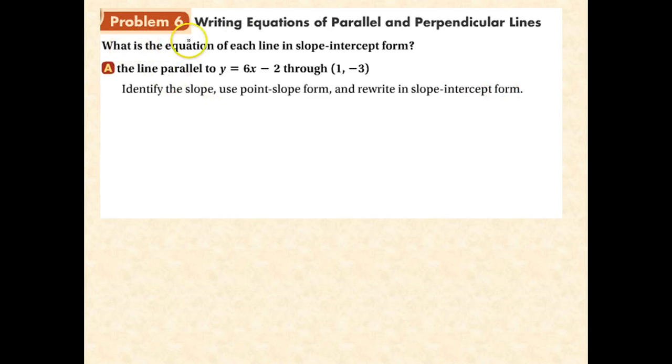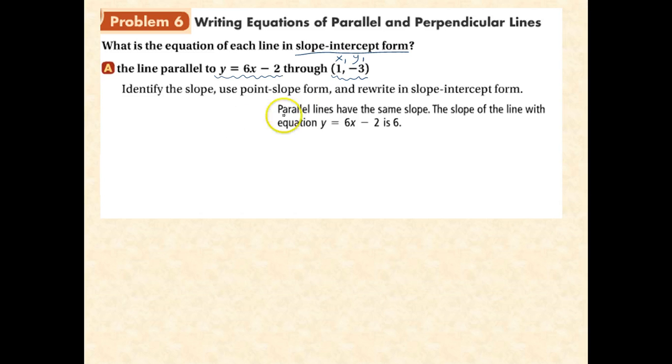Okie dokie. What is the equation of each line in slope-intercept form? The line parallel to y equals 6x minus 2 going through the point 1, -3, so that's going to be our x1, y1. Identify the slope, use point slope form, rewrite in slope-intercept form.